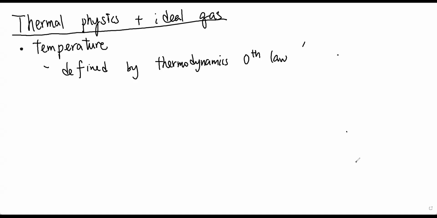That's a big mistake, because you need the concept of temperature to relate all other quantities together. So later on, they made the Zeroth Law. As I remember, this law is around 187-something.